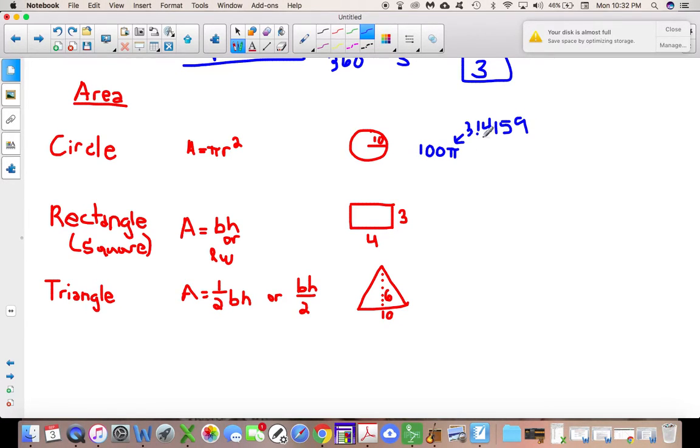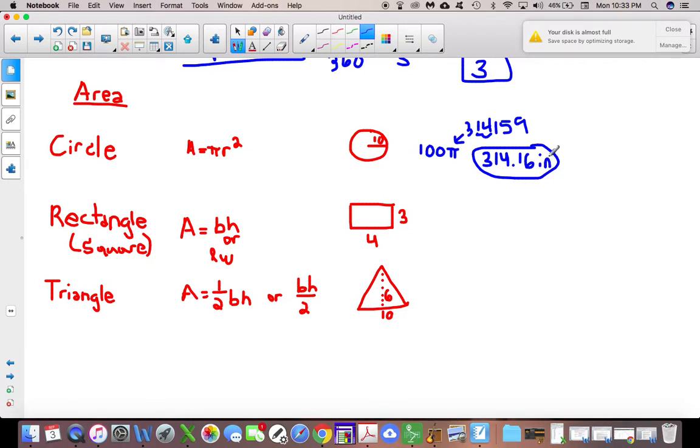If I take 100 times that decimal, I just move the decimal place 2 places. So it's 314.16 approximately is going to be the area of that. And that would be in like inches squared, whatever my units are. We'll just say they're all in inches. So inches squared, there you go.